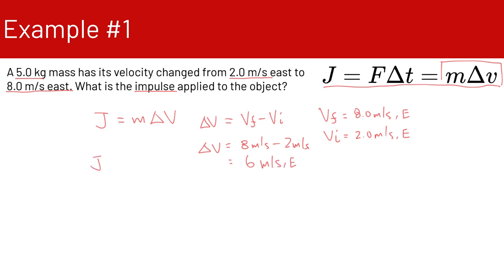So our impulse then is going to be 5 kilograms times 6 meters per second. So our impulse then is 30 kilogram meters per second east.